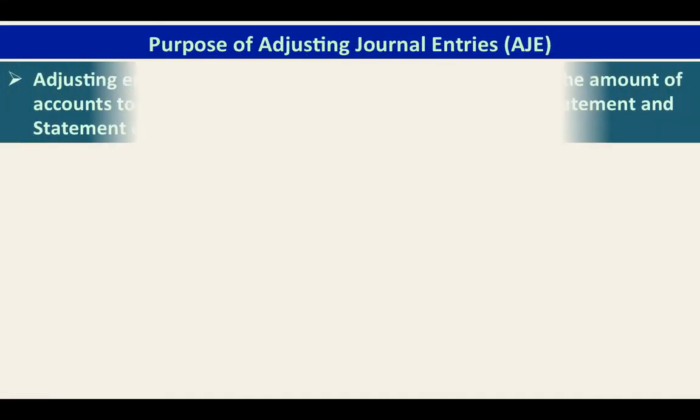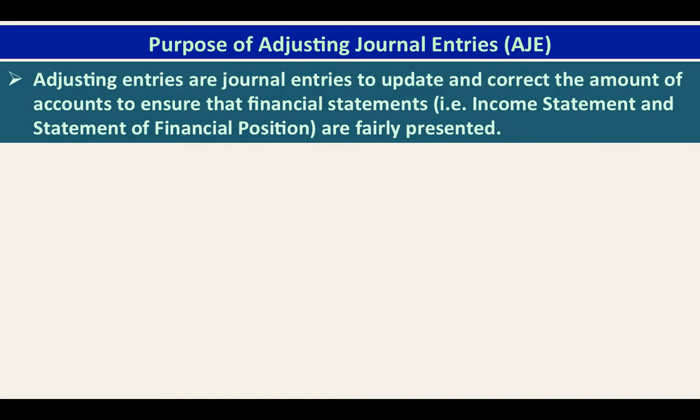Okay, so what is the purpose of adjusting journal entries? Adjusting entries are journal entries to update and correct the amount of accounts to ensure that financial statements, income statement, and statement of financial position are fairly presented. Okay?